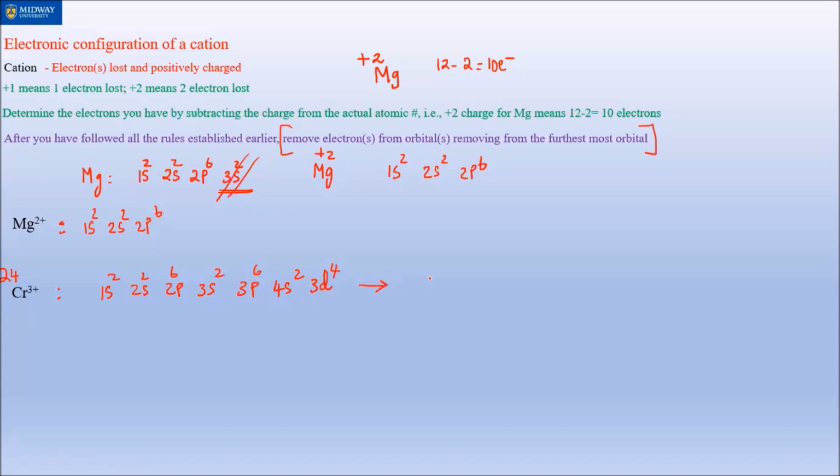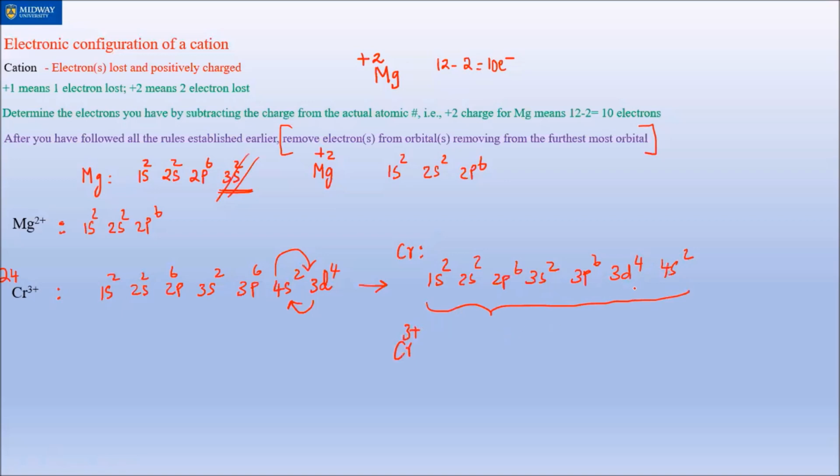Now we shuffle. So 1s2, 2s2, 2p6, 3s2. The 3's come with the 3, the 4 comes with the 4. So 3s2, 3p6, 3d4, 4s2. This is the correct electronic configuration for chromium, not for chromium 3+. Chromium 3+ means we're losing 3 electrons.